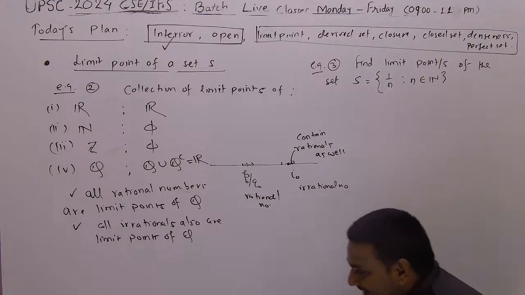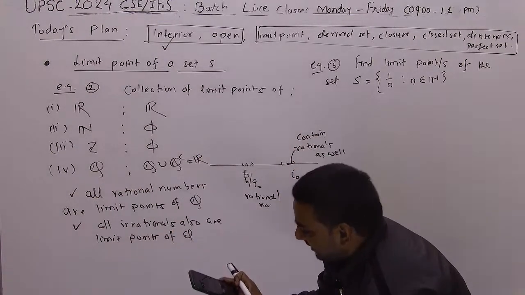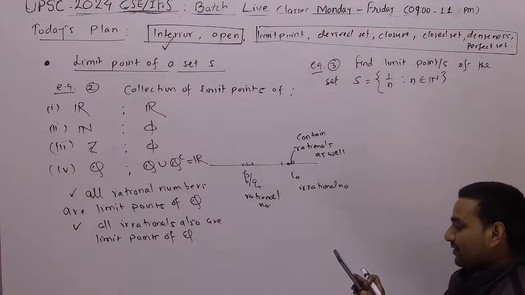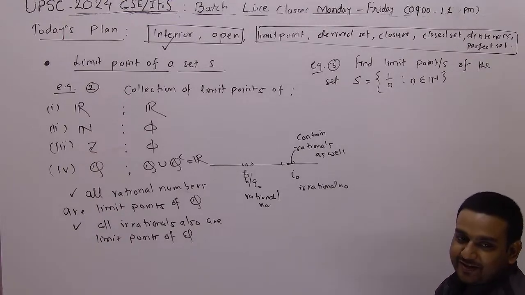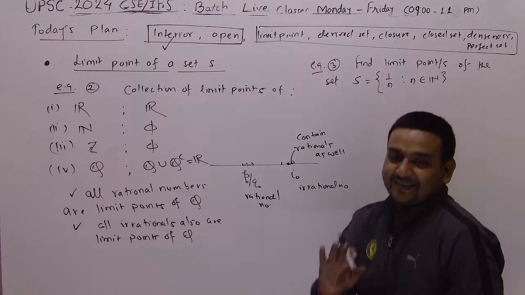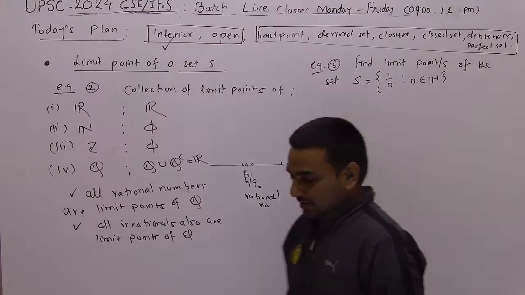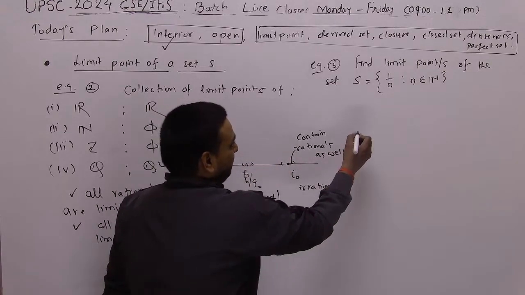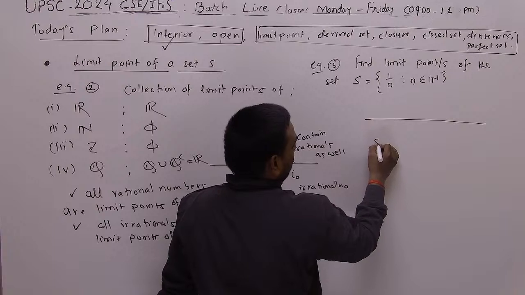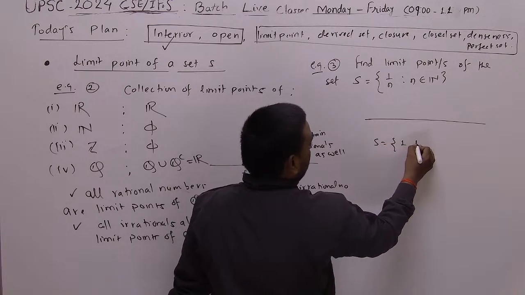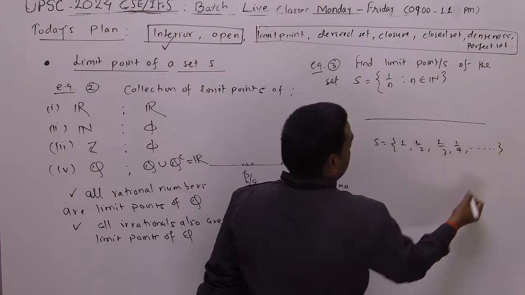What you replied? Alia, 0 is the limit point. Shibu Jaiswal 1, Kanishk Joshi 0. Fair. Let's verify our definition. Let's say if I try to represent this set S. So S is what? 1, 1 by 2, 1 by 3, 1 by 4, right?